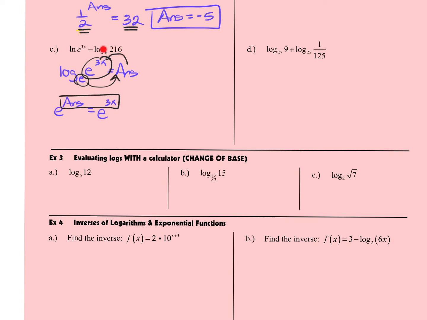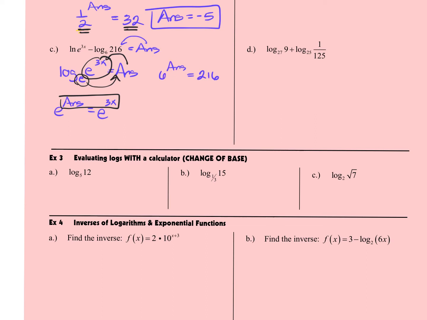Now, I can do the same thing. I'm going to do one more here, this log base 6 of 216. I'm going to also set that equal to an answer so that we can just rewrite this. So we're going to do our little switcheroo. I'm going to have 6 to the answer, and then I'm going to come back around, and that's going to equal 216. Now, these don't match, just like they didn't match on the first example we did, so we're going to rewrite this.